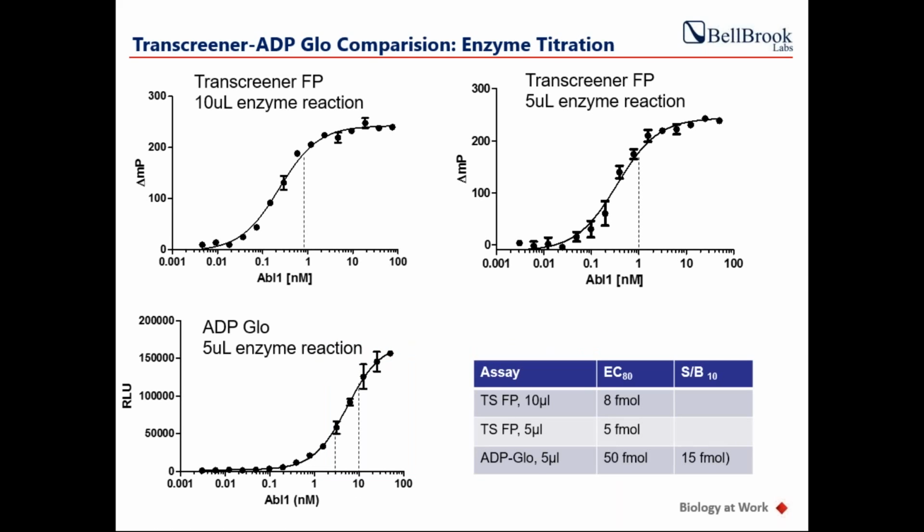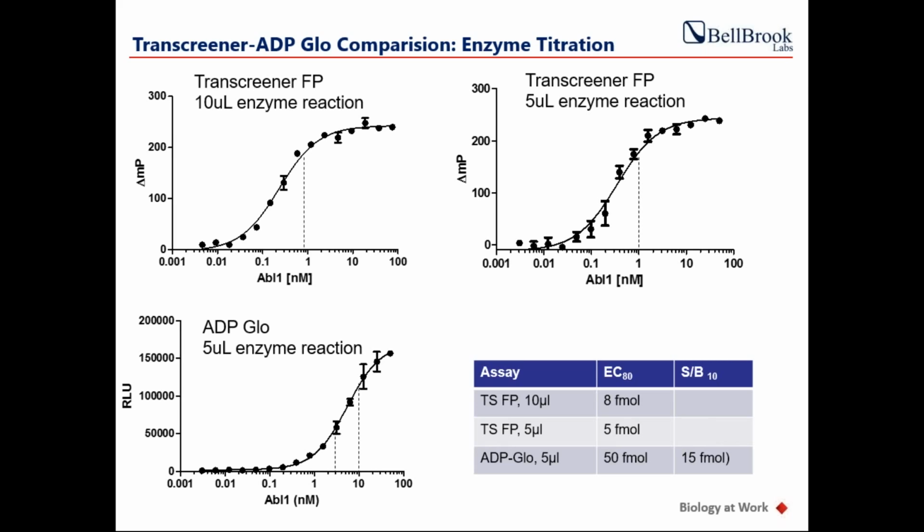So if we look at enzyme titrations then, I'll mention up front that because of the two reagent addition with the ADP Glow assay, their protocol is a little different. We recommend our customers run a 10 microliter enzyme reaction and then add 10 microliters of the detection reagent. It's a single addition.